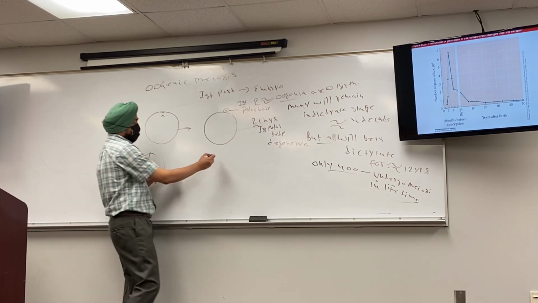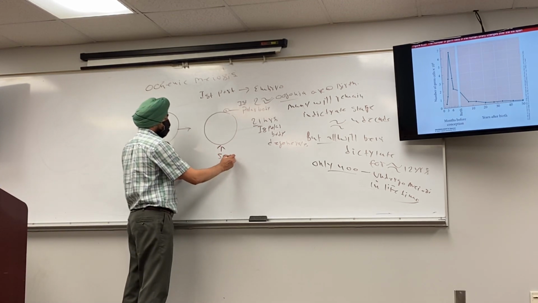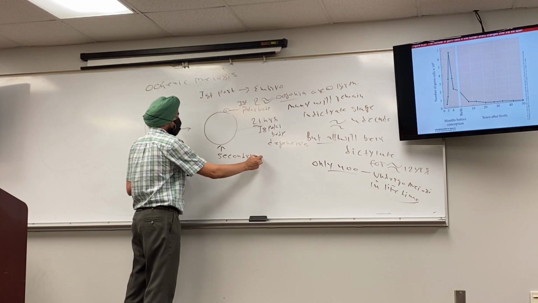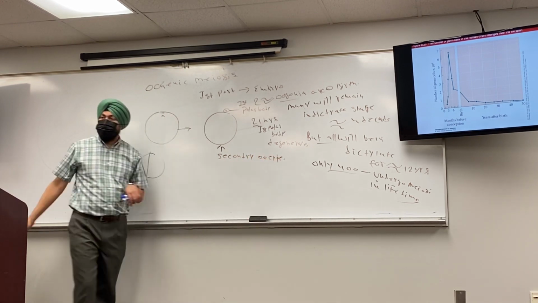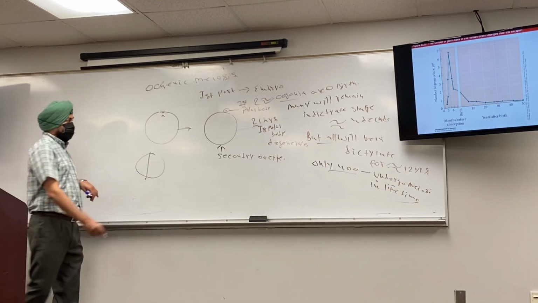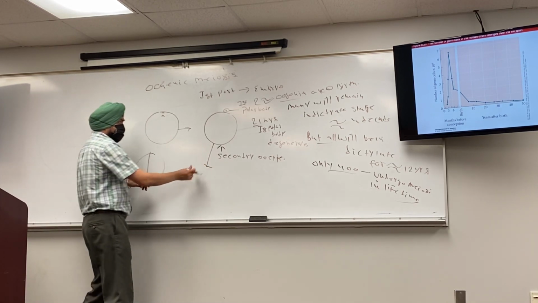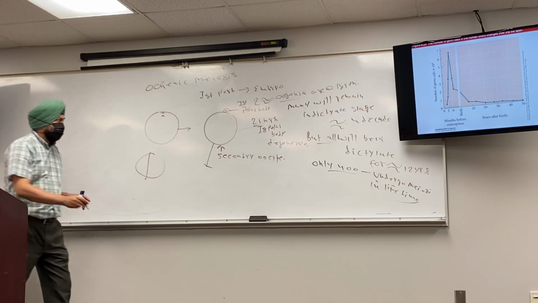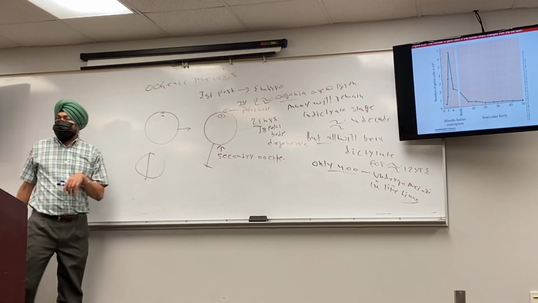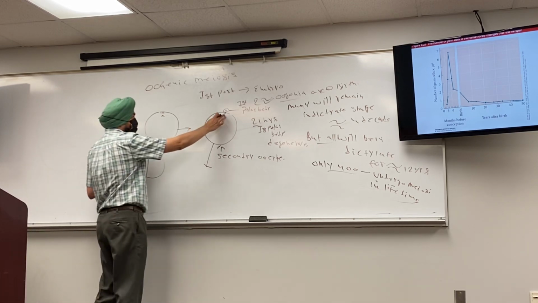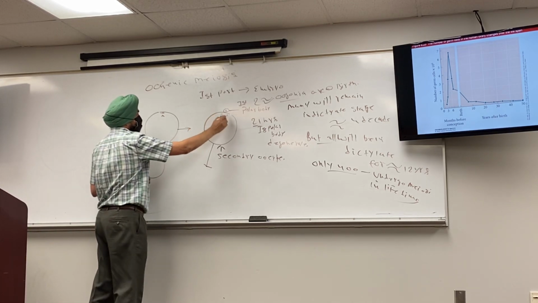This larger cell will then be called the secondary oocyte. Then again a division is going to take place the same way. So you will have the nucleus right here somewhere, and this will not be a nucleus, kind of an open chromosome-like thing.